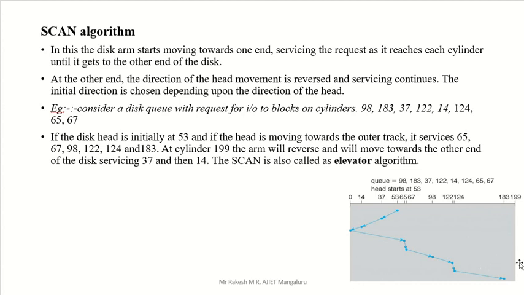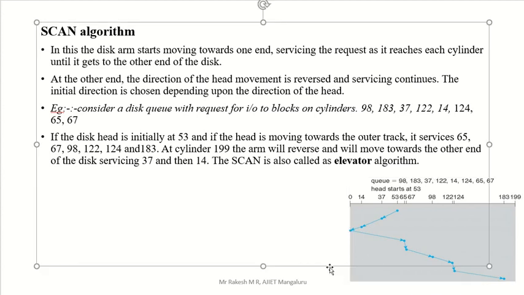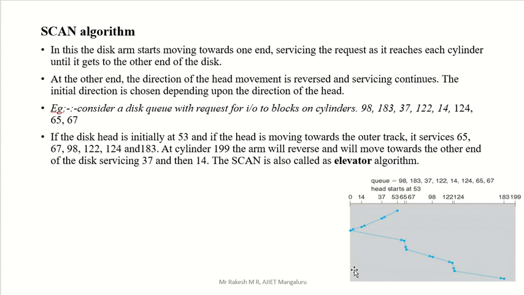From 199 you are moving to the beginning end, and when it reaches 37, stop there, allocate to the user, and again move towards 0. Now another request came, 14. So go to 14, stop there, allocate that to the user, and again move on to 0. Once you reach 0, reverse your direction and move again to 199.